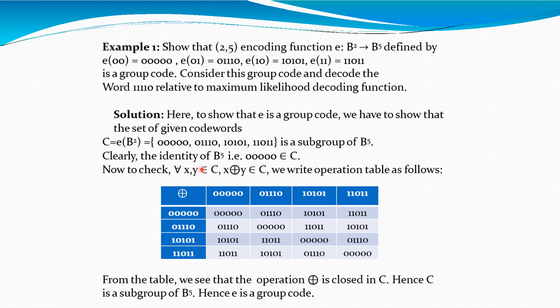Now to check the closure property, we prepare the composition table for all elements of C. Now after preparing the table, it is observed that the operation ring sum is closed in C and C is a subgroup of B5. So we can say that E is a group code.